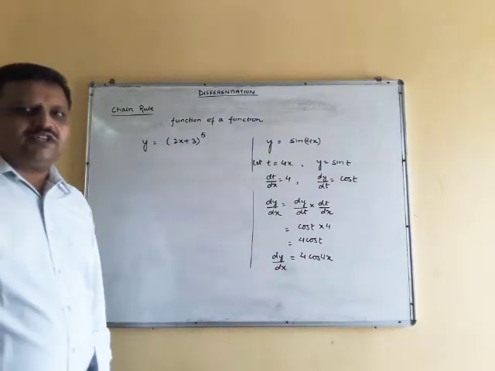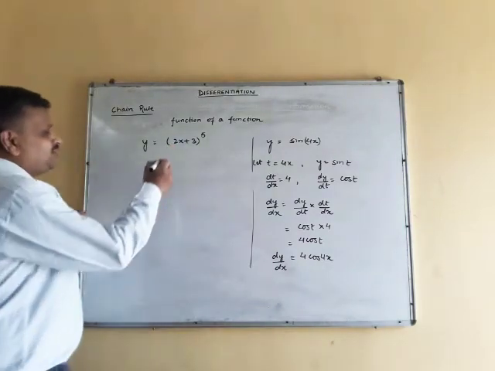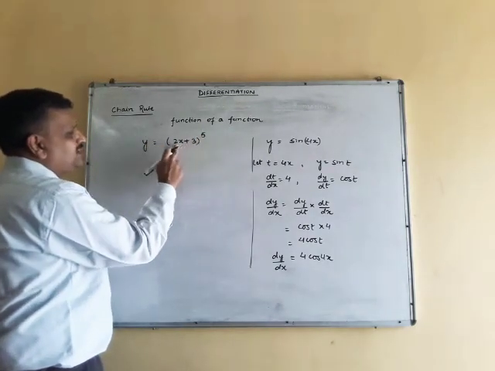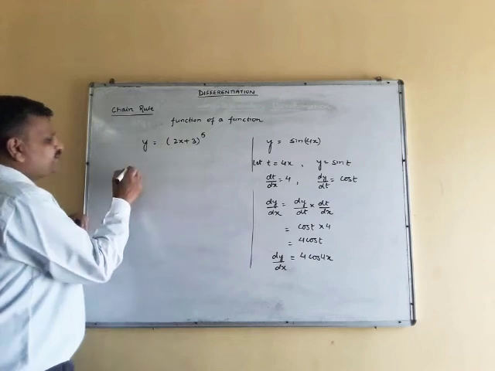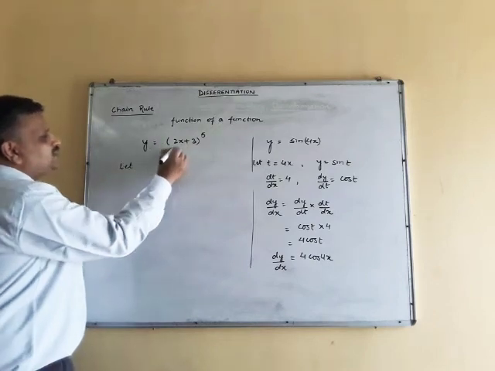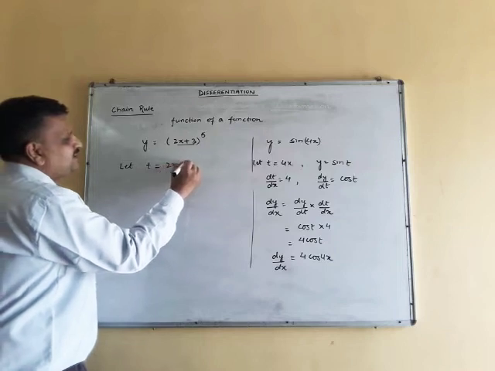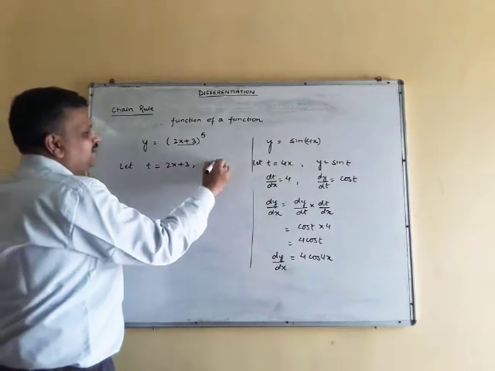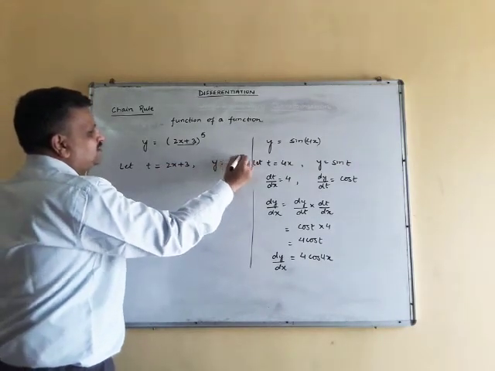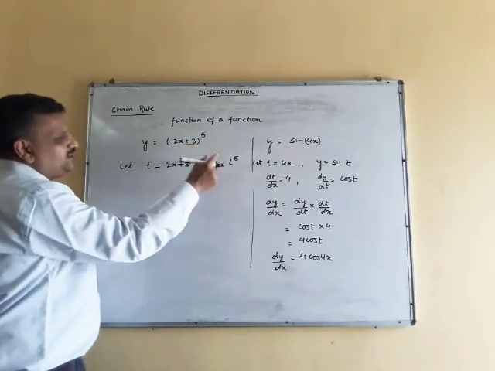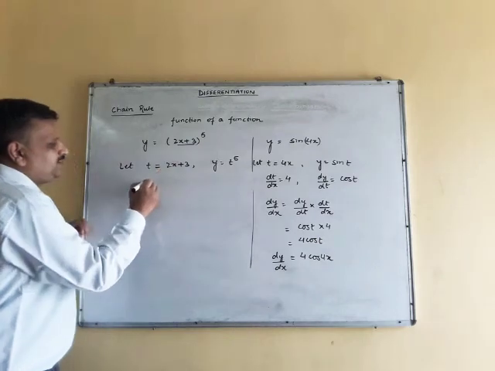We have to find its derivative. So here we have one function whole power 5 and another function 2x plus 3. So we assume this 2x plus 3 as t. So t is equal to 2x plus 3. Then y becomes t raised to the power 5, because in place of this we have put t.